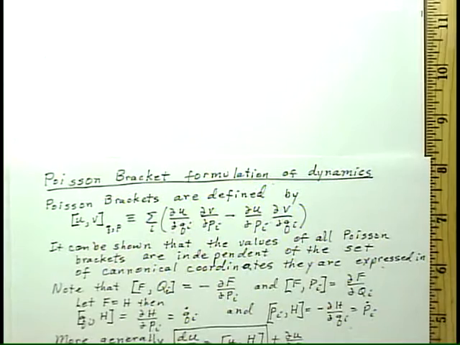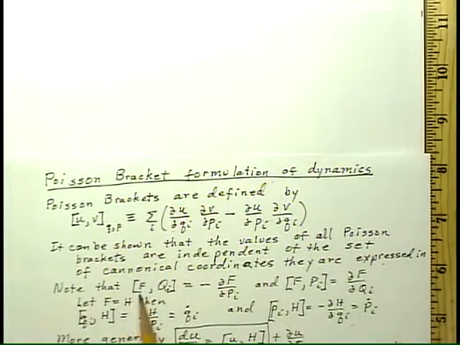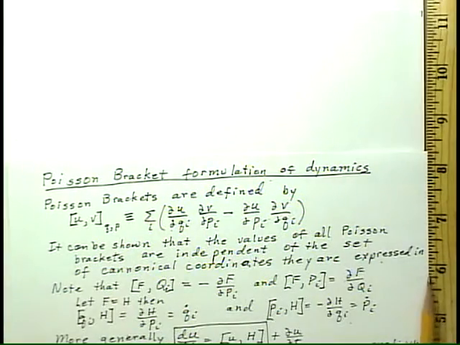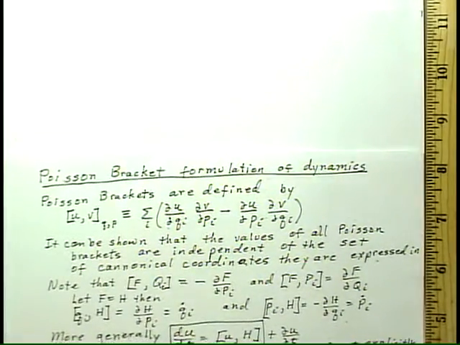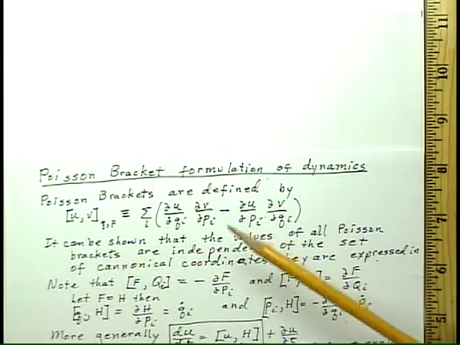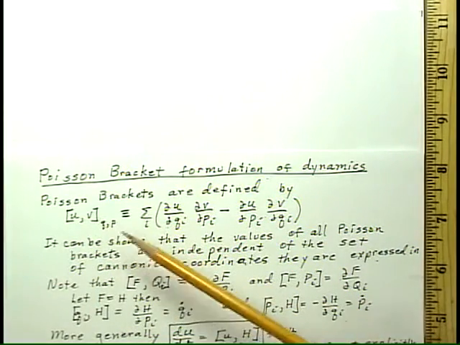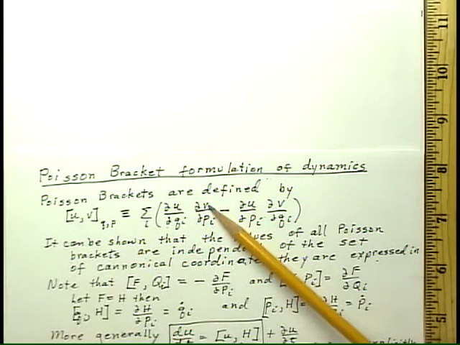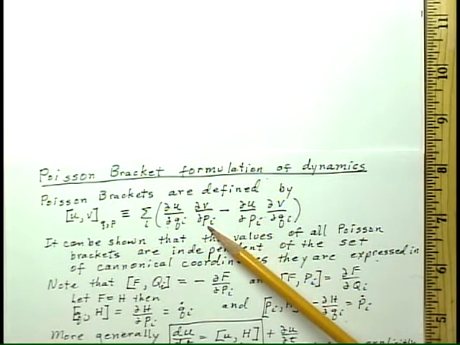Looking at the Poisson brackets, we can see that the bracket of any function f with some coordinate qi is equal to minus the partial of f with respect to pi, and the bracket of f with pi is the partial of f with respect to qi. How does that arise? Well, for f with qi, from this equation right here, the v is going to be a q, and so we have a partial of q with respect to p, and so that vanishes.